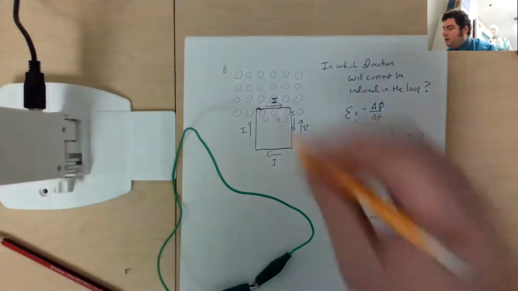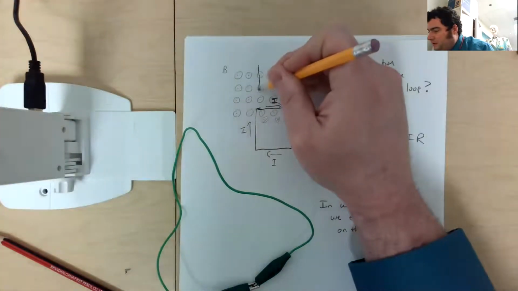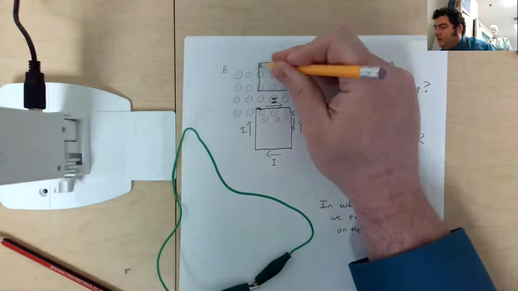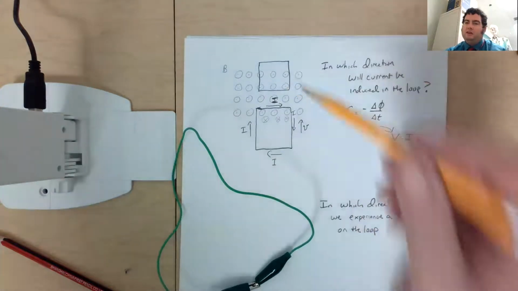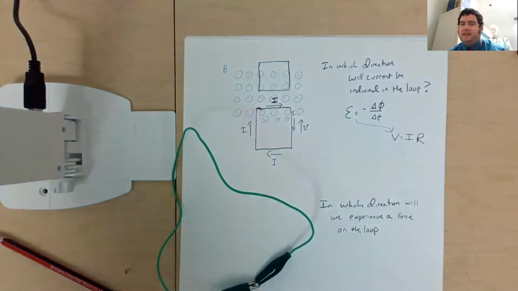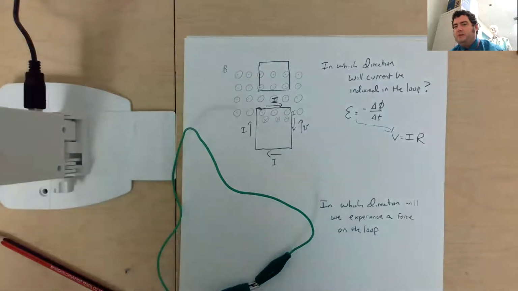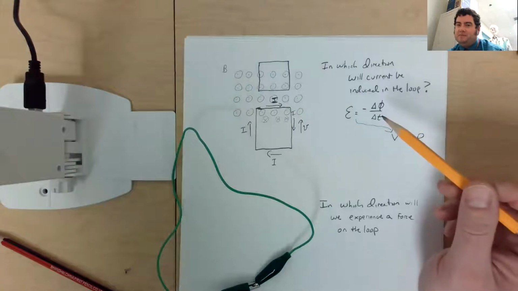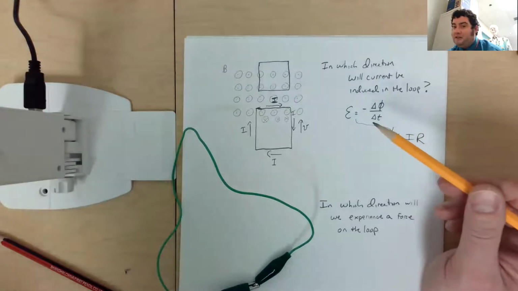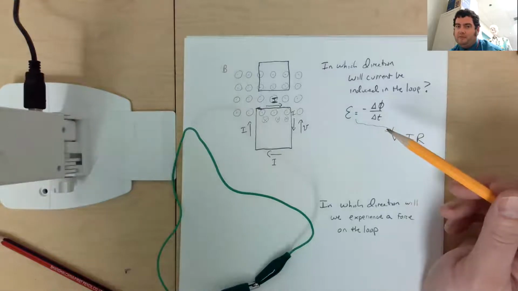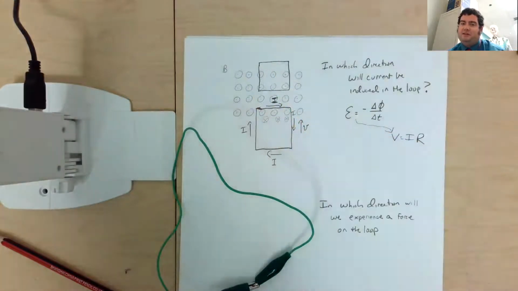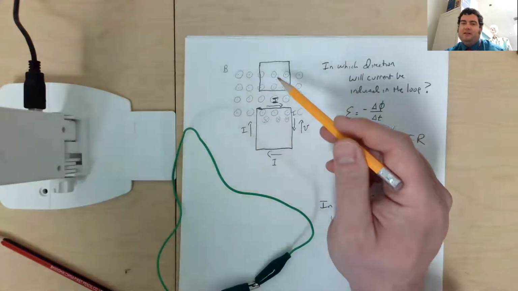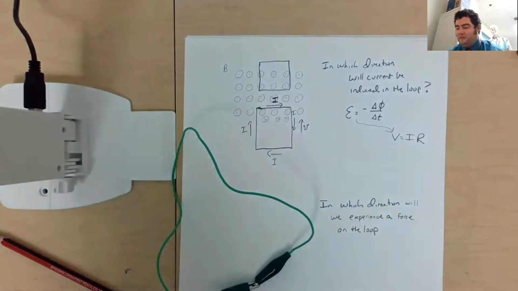What happens when our loop is fixing to leave? Well, it's probably spent a whole lot of time in our field, in which case it had all outward flux. At that time, there wouldn't be any current induced because there wouldn't be any sort of change in flux. You only get an EMF and a current if the flux is changing. So when you're entirely in the field, you don't see either of those. But as we leave the field, we had a bunch of outward flux. As we leave, that outward flux is disappearing.